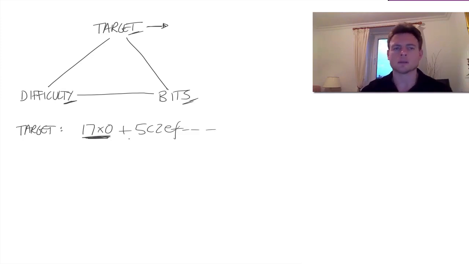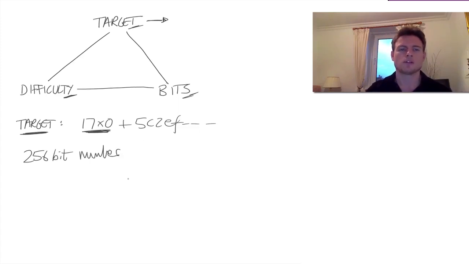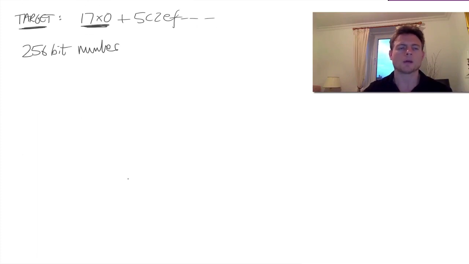But in a nutshell, what the target really is in terms of Bitcoin mining is quite simple. The target is a 256-bit number, a 256-bit binary number. Binary numbers, as we all know, are normally represented as zeros and ones.